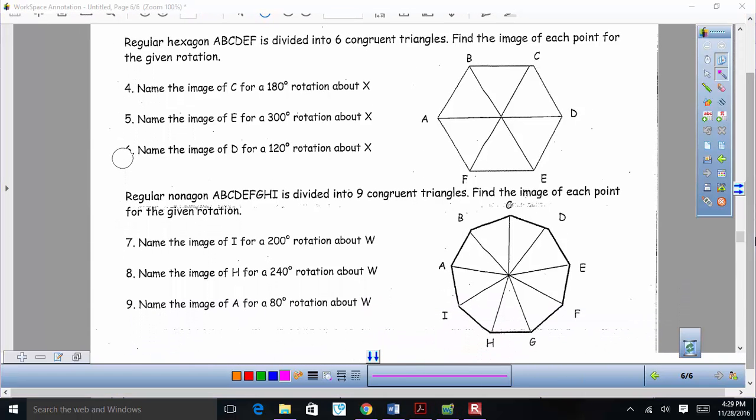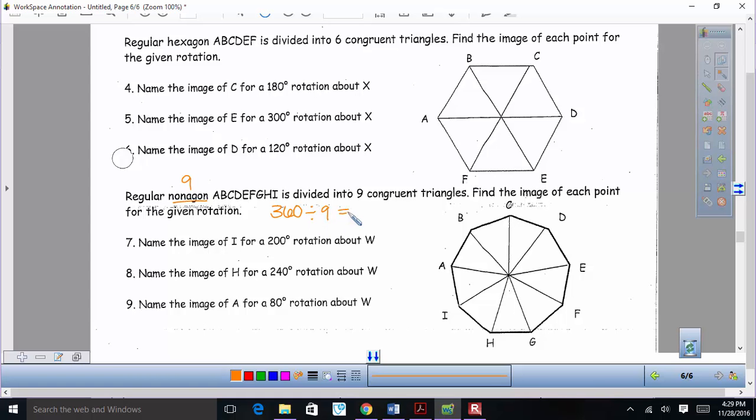All right, let's try one more of these. So let's look at this nonagon right here. So nonagon means that there are 9 sides. So in order to know how to rotate this, we've got to figure out what each one of these angles are. So to figure out what each one of these angles are, we're going to take 360 and divide it by the number of sides, which is 9.